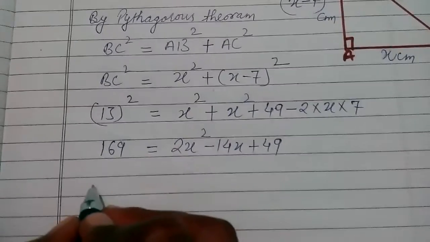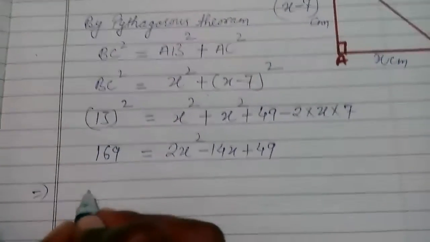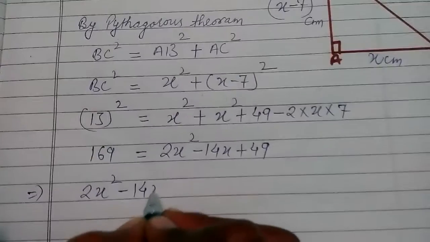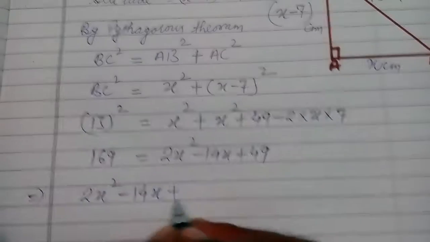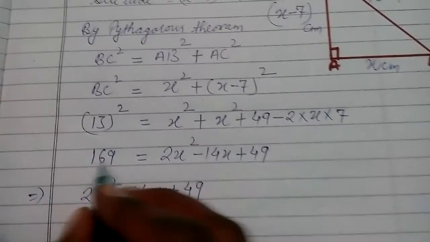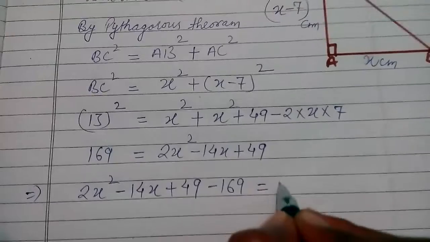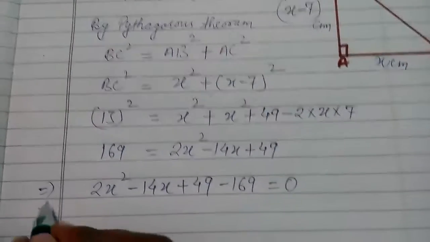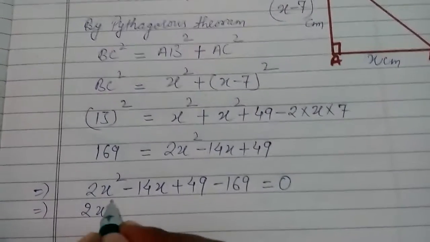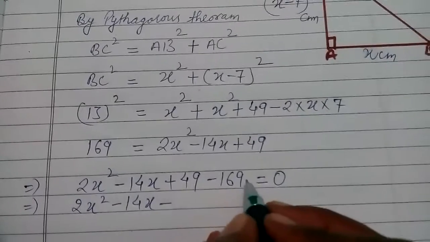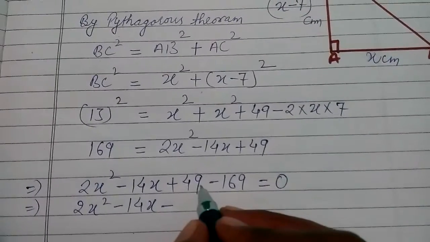Now further change this into simple equation, and when I further change, then this will further imply 2x square minus 14x plus 49. Now take this 169 to this side, and it will become minus 169, and this further equals 2x square minus 14x minus, now 9 minus 9 is 0.